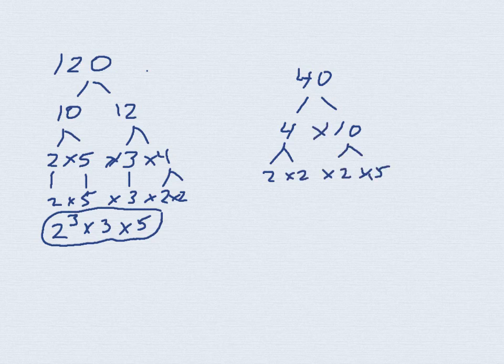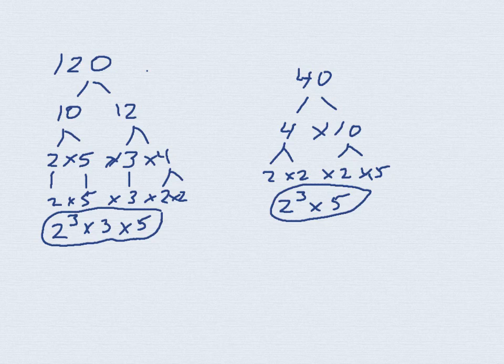Put them all together, you have 3 factors of 2 and 1 factor of 5. Double check. 2 to the third is 8 times 5 is 40. That number, 40, which is the composite number, containing lots of prime numbers together, can be written as 2 to the third times 5. And this method will be used for finding common denominators.